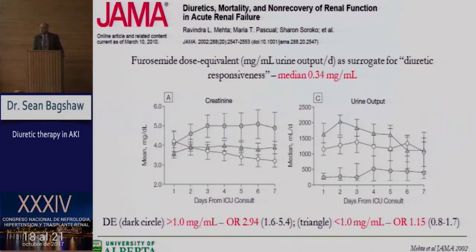But what you can see is on the graph on the left, looking at creatinine changes over that subsequent 1 week, the dark circles represent the changes in serum creatinine for those that had a high or a low diuretic responsiveness. So they had more than 1 milligram per mL of furosemide delivered to achieve 1 mL of urine output, whereas the triangles represent patients who were diuretic responsive.